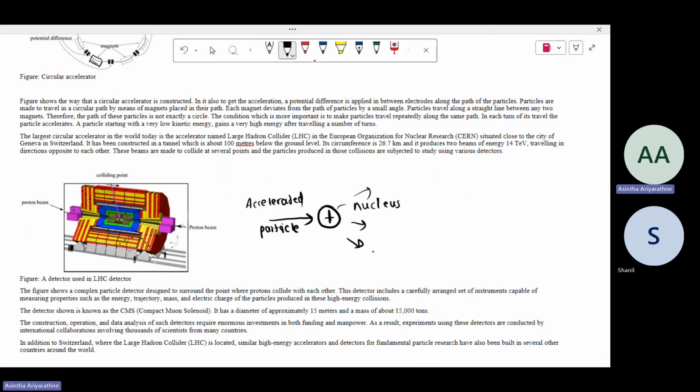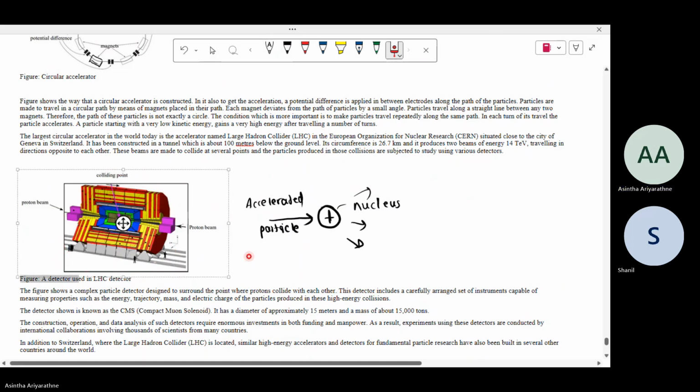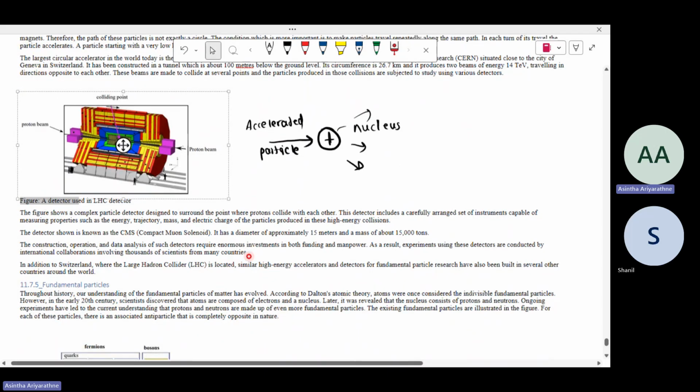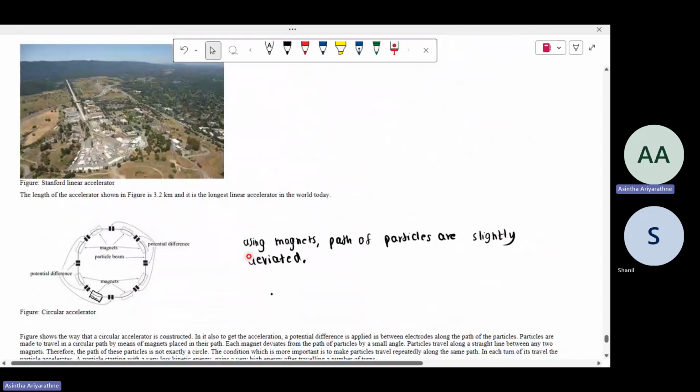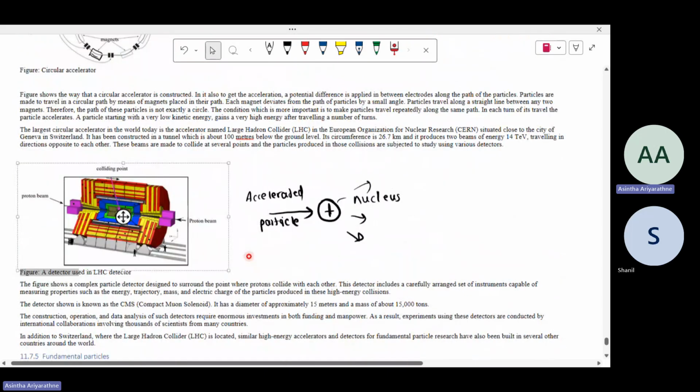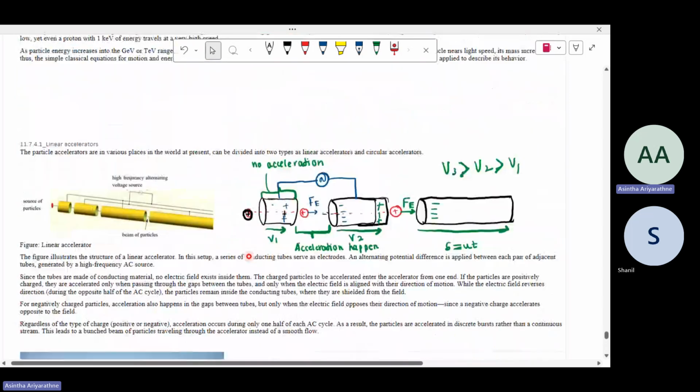To detect those fundamental particles, we have a detector like this. So that's how these fundamental particles are detected in practice.